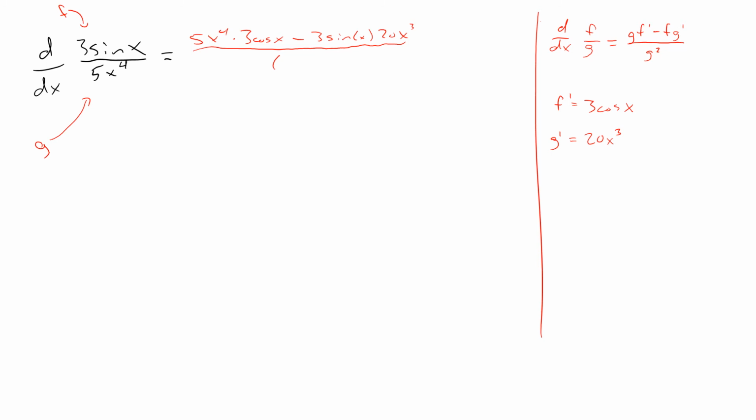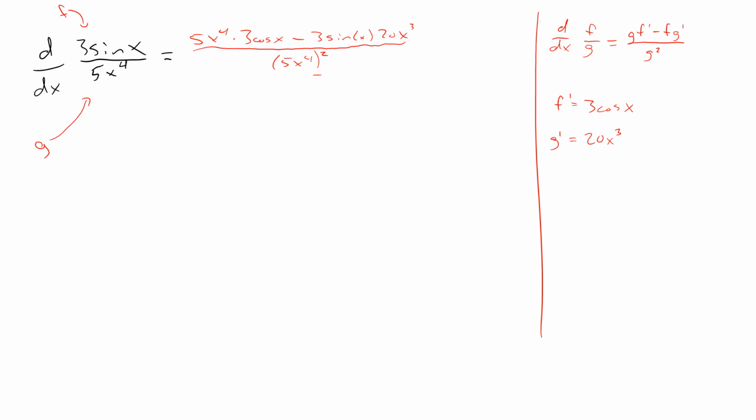I'm going to write this function g, 5x to the fourth, in parentheses, and then say that I'm squaring the whole thing. The parentheses here are important. If you didn't have those, then your answer is incorrect. The parentheses show that you're squaring the entire denominator, 5x to the fourth, the whole thing.